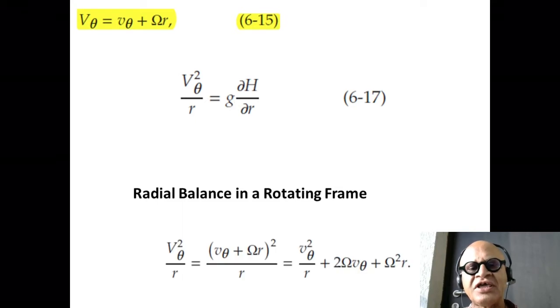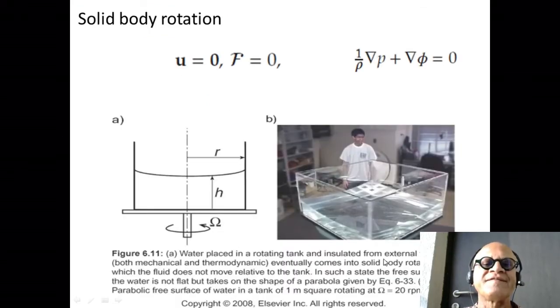And in a non-rotating framework, the total can be expanded, you know how to expand this one, v theta squared plus omega squared r squared plus 2 omega r v theta divided by r, and this is what you should get. I'm sure you know that, but I'm just trying to make sure that we are on the same page. So v theta squared over r plus 2 omega v theta plus omega squared r.